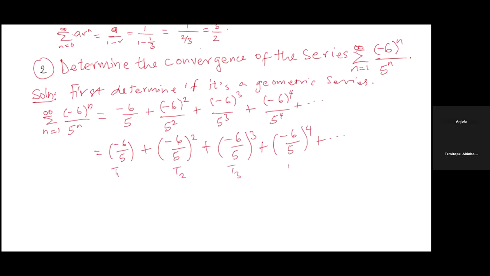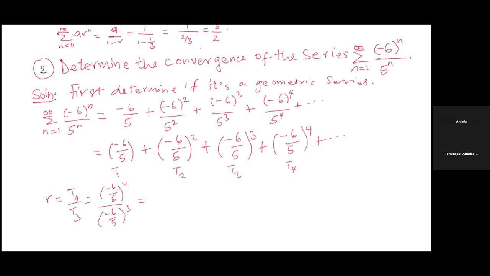So the common ratio R is the succeeding term over the preceding term. That is T4 divided by T3. So T4, which is minus 6 over 5 raised to power of 4, divided by T3, which is minus 6 over 5 raised to power of 3.